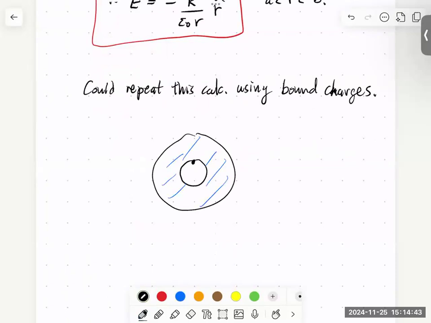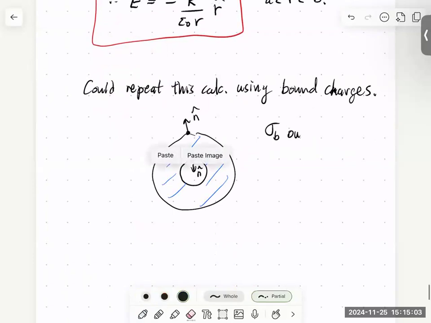What we're going to have to do is calculate the bound surface charge density on the inside and outside surfaces. So we could say sigma B, let's say outside, well, okay.